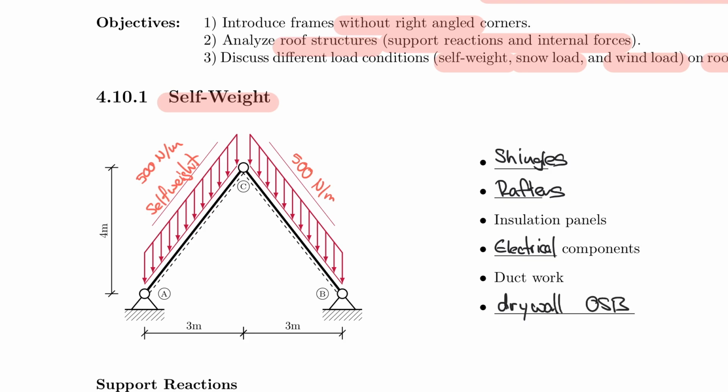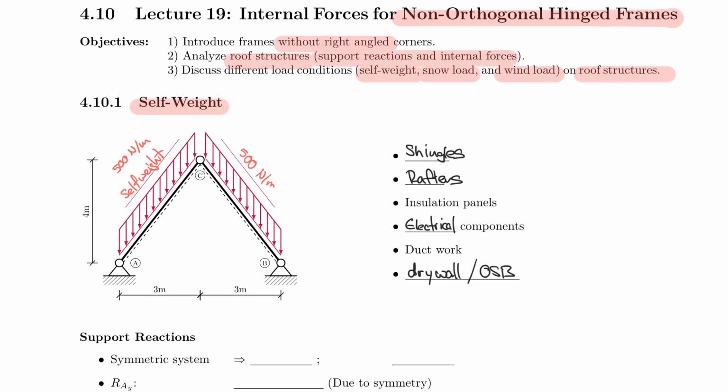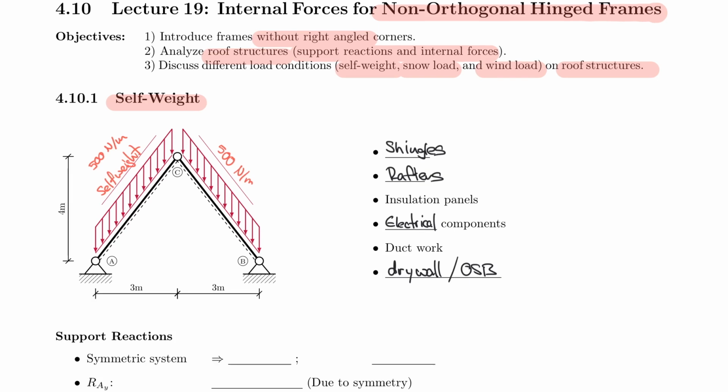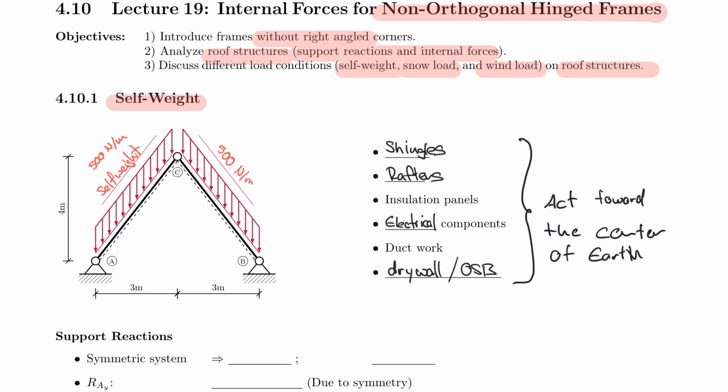So pretty much anything that can cause a load on the roof system. Let's keep in mind that these forces are all identical in the sense that they all act towards the center of Earth, and that they all effectively act along the length of the member.